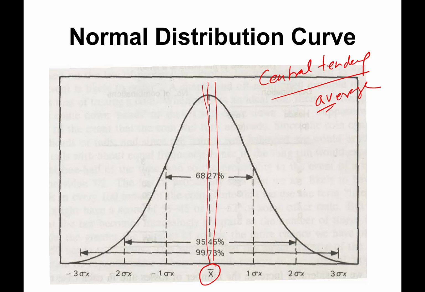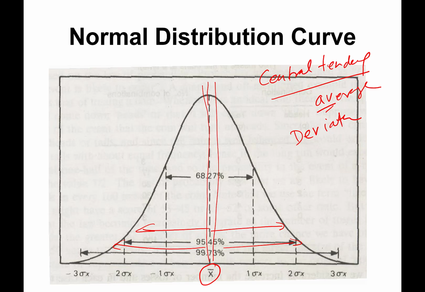So this X bar shows the average. And what is the tendency of the data to fall away from the center value? That is indicated by the deviation, commonly known as standard deviation, and that is shown by this spread about the central data value.